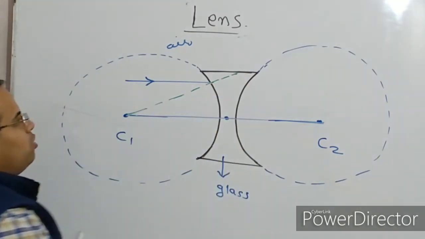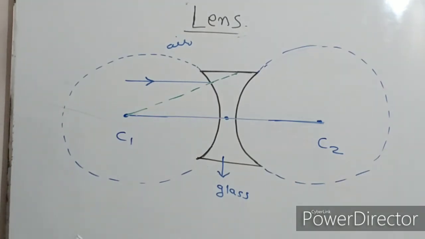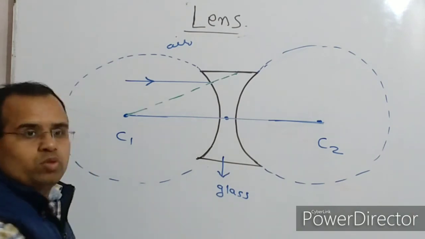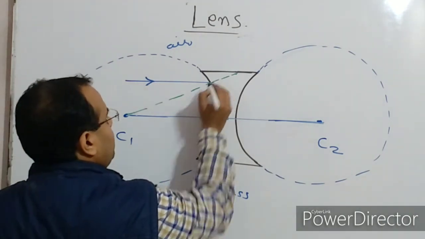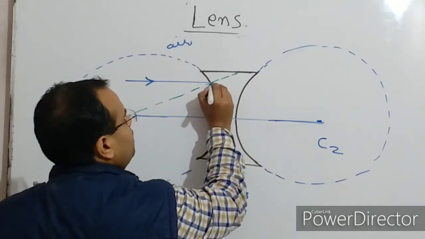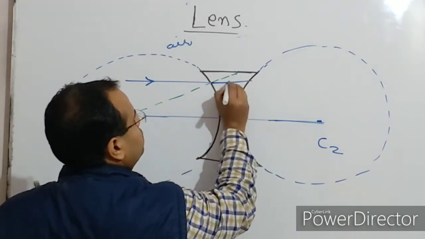Okay, now when a light ray passes from rarer to denser medium, it bends towards the normal. So this light ray will bend towards the normal a bit. So it goes like this.